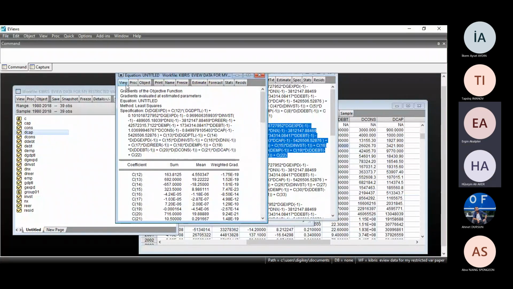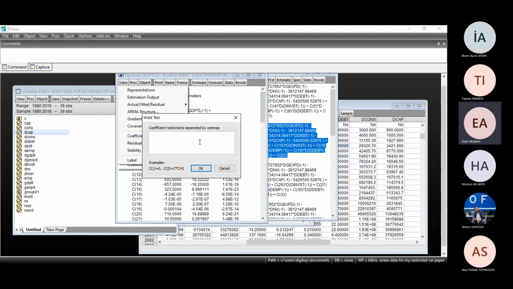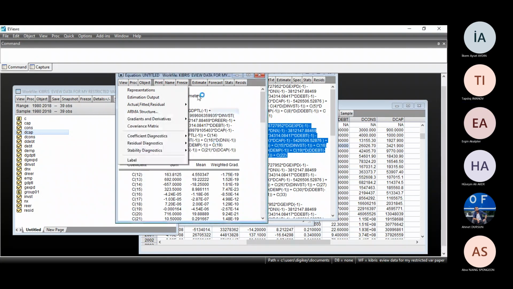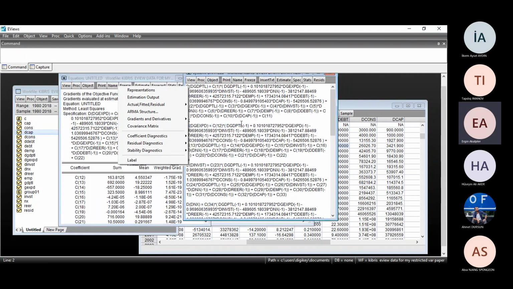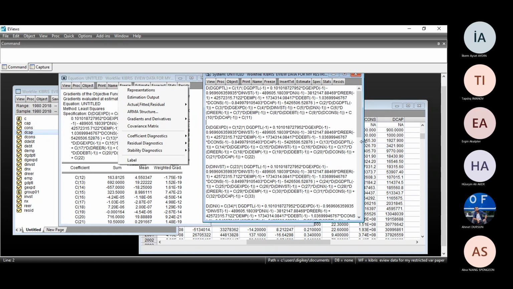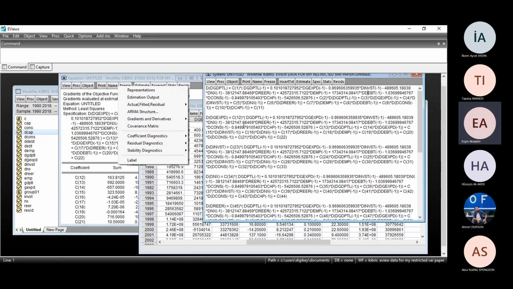Okay, and here we will go to the coefficient diagnostics and Wald test again. And here I have to look. Let me cancel this. It's sometimes freezing. Let me see. I have to do C12. Enlarge it to see. Usually I like to copy and put it into a Word document, so I can see the variables and coefficients better. C12.